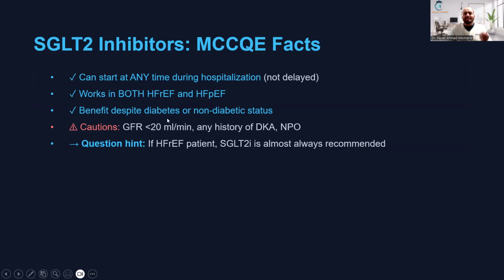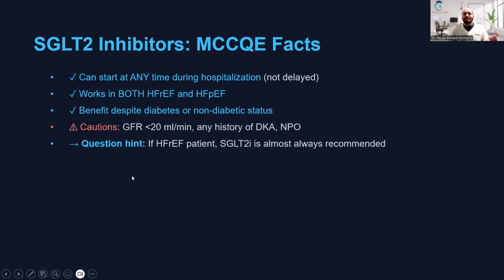The benefit is present regardless of diabetic or non-diabetic status. The only thing to remember is that if GFR is less than 20 ml per minute, if they have had DKA, or if they are NPO, or non-per-oral, do not use them. They are contraindicated in these three cases. Other than this, you can start them.